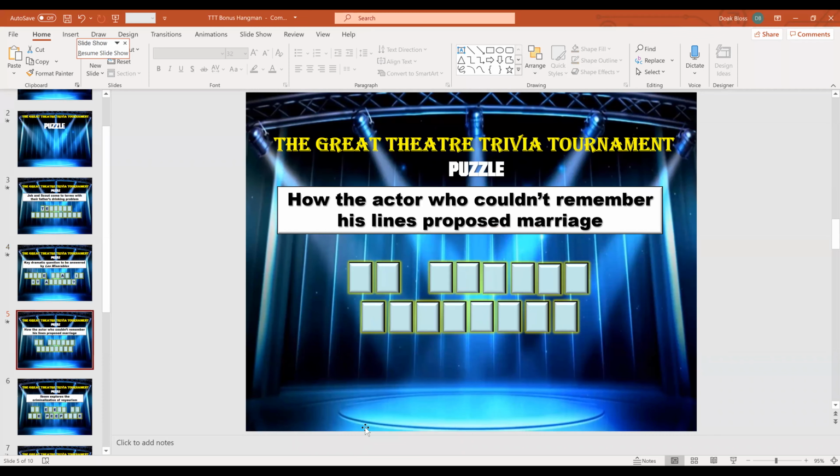How the actor who couldn't remember his lines proposed marriage. If you guess the right letter, you might have a shot at this. All right. R. No, that's not the right letter. In fact, there are no R's. Oh God. Okay.